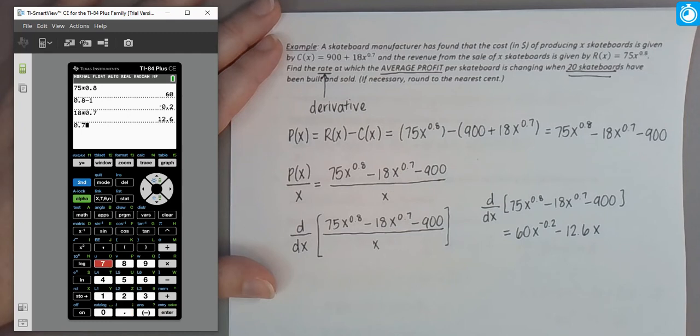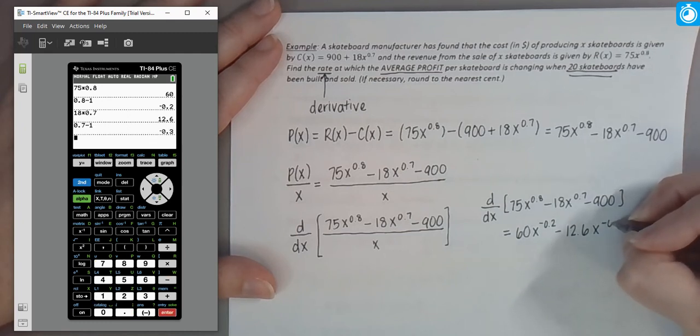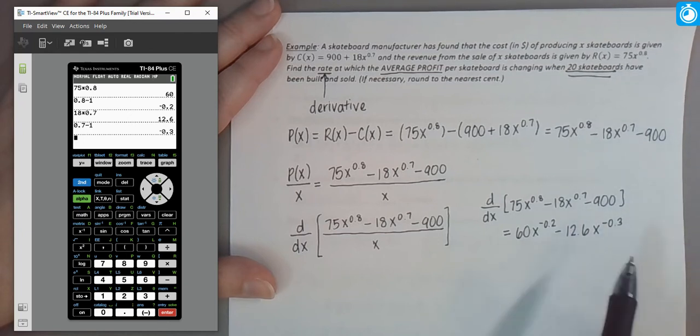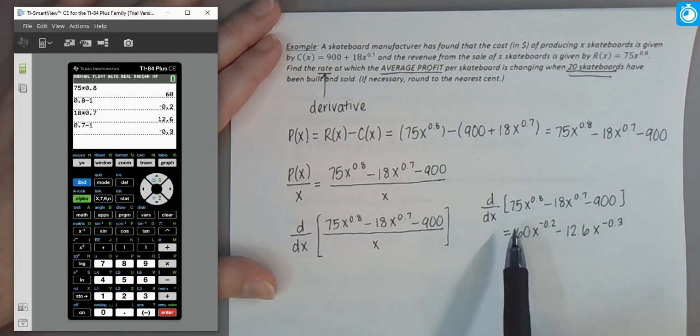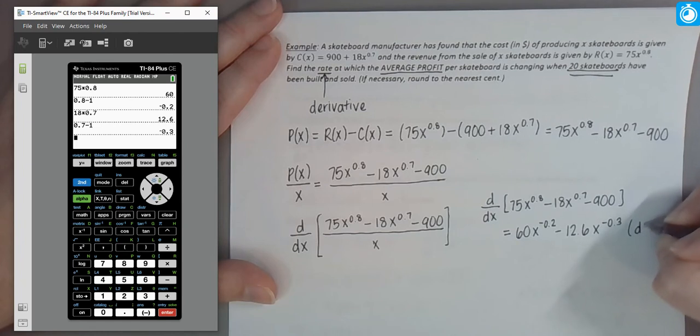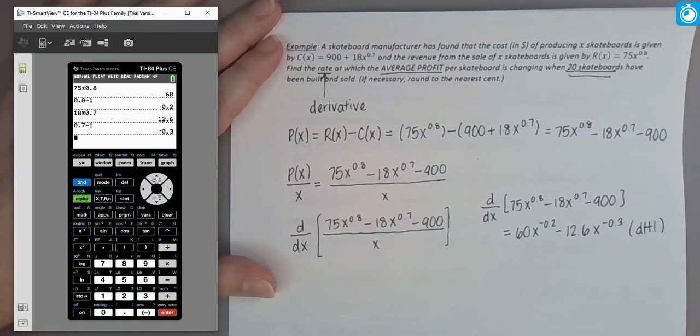So 0.7 minus 1, which is going to be negative 0.3. And then our last term is a constant. We know when we differentiate that constant, it goes to 0. So this is going to be the derivative of our upper function, what we're calling d high. Using that little mnemonic, that's d high.